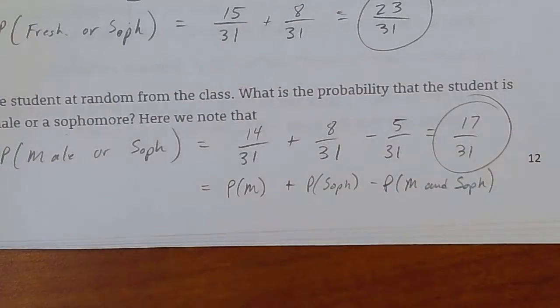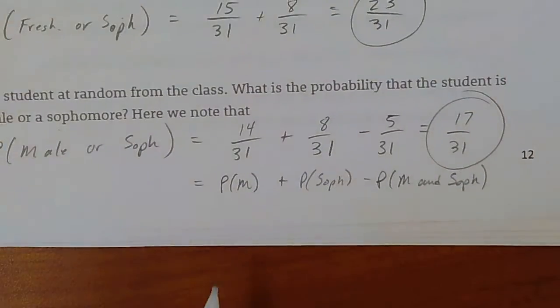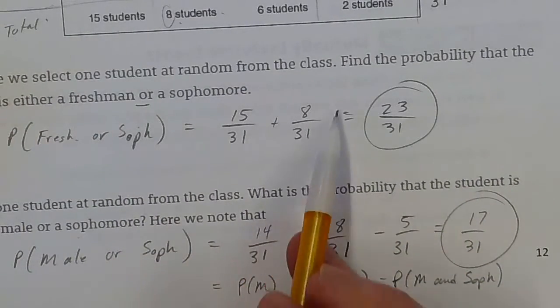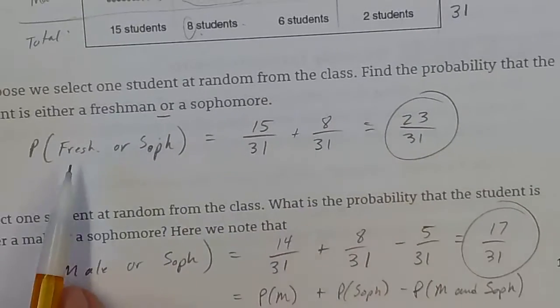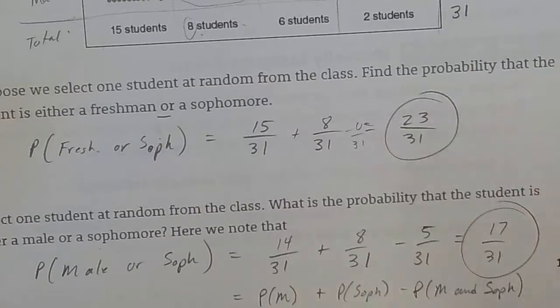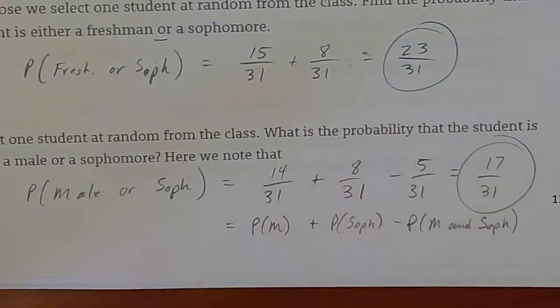That'll be our general rule that we will apply when they're not mutually exclusive. For freshman or sophomore, they were mutually exclusive, so we didn't have to. We could, but it would have been 0 out of 31, because what's the probability of being a freshman and a sophomore? Nothing. So we'd be subtracting 0 out of 31. So technically, I could use that rule for all of them, but you don't have to.